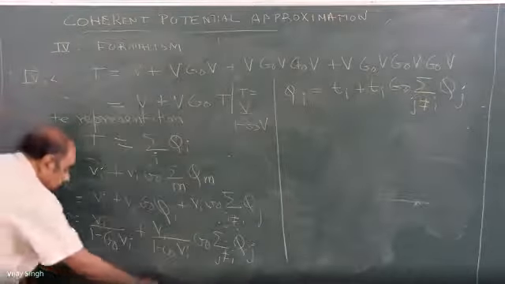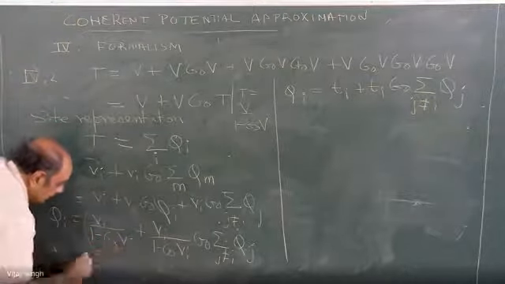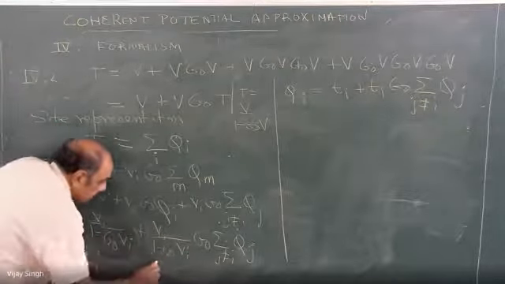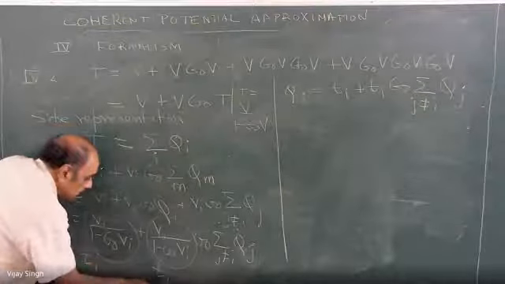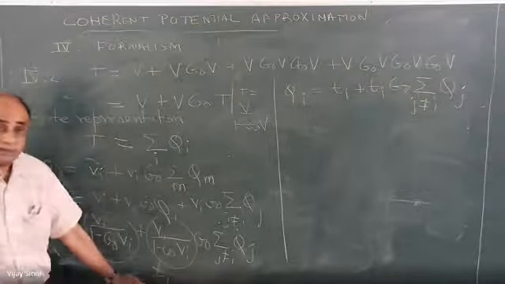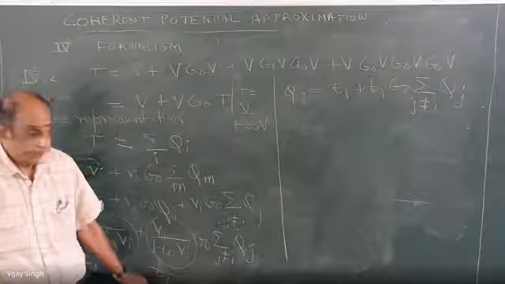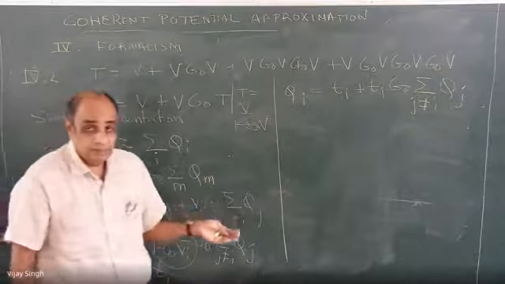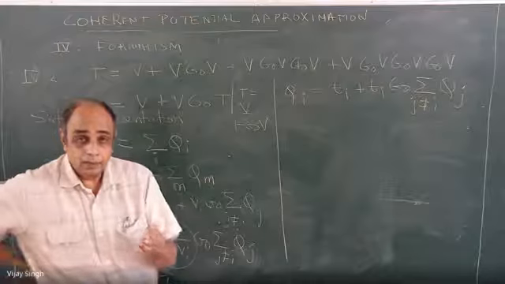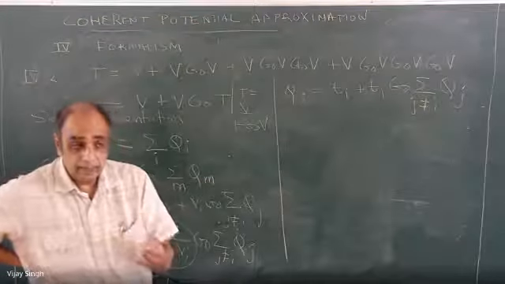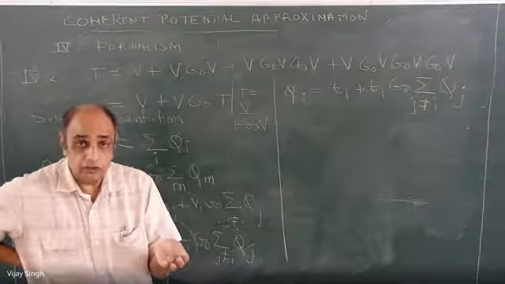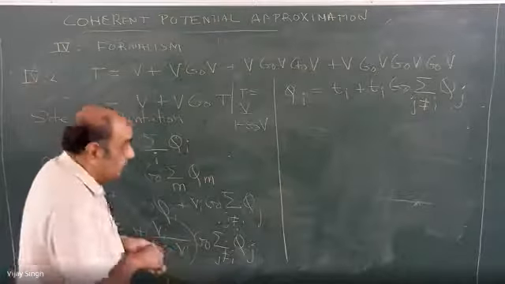This entire thing I'm calling P_i. It is called the single site T matrix. And this kind of an expansion was actually first effected by Melvin Lax in 1952. It's called the Lax expansion.